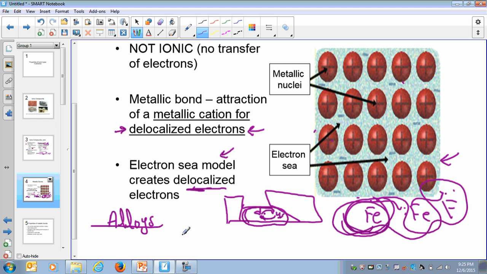That's why one metal, for example copper, is very soft because the metal itself is very soft. So to make it harder, we can add other elements in it. And that makes it harder because those electrons are held by more than one nuclei. So that makes them harder than being soft, being an individual metal.